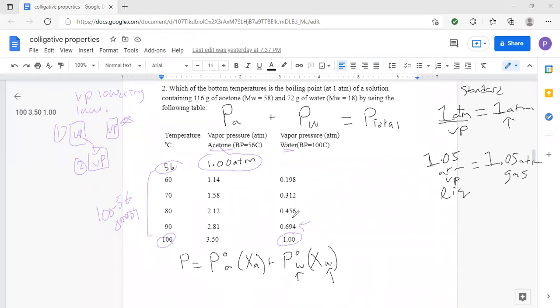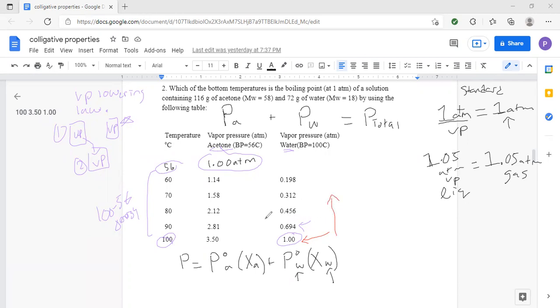So obviously, when we mix these, water is the one with the higher, I'm sorry, let me reword that. What we want to do is lower the vapor pressure at which water boils. Water boils at 1 atm normally, but because it's mixed with something, the vapor pressure it's going to boil at is going to be lowered, right?